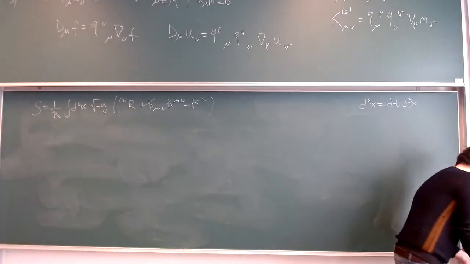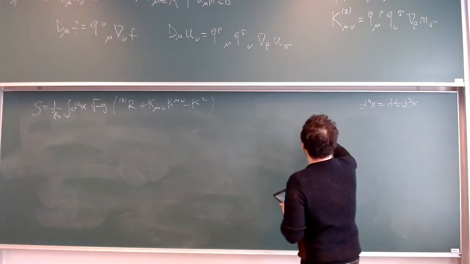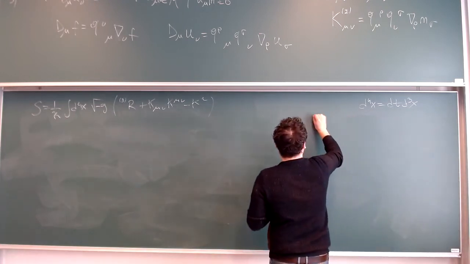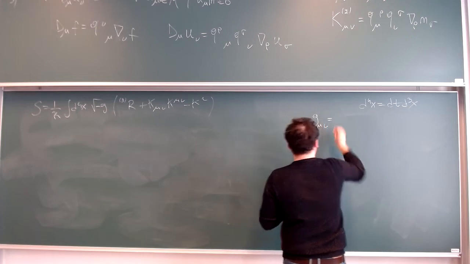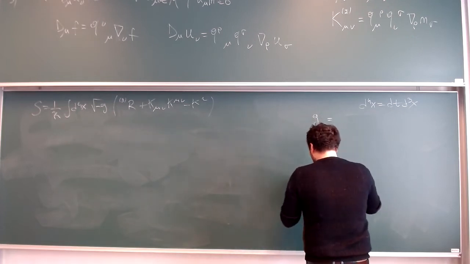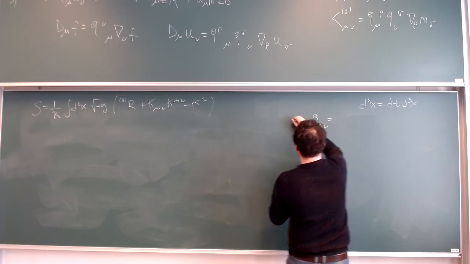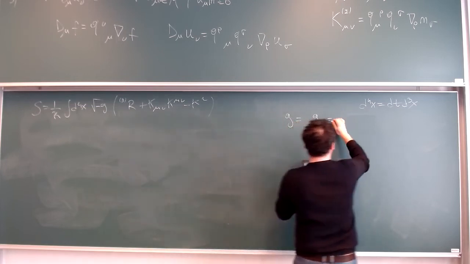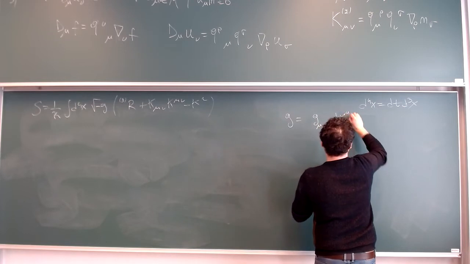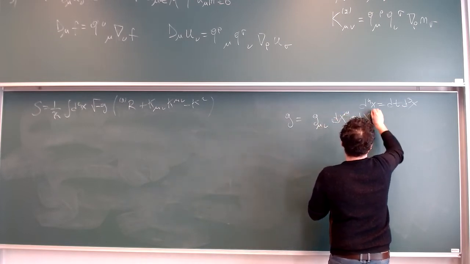How does it change? We have that g_mu nu can be written as just the metric.